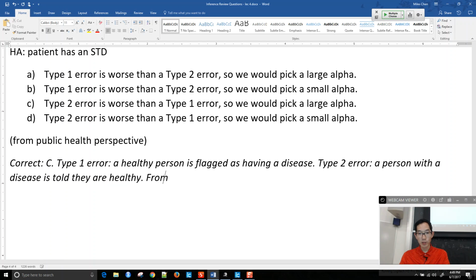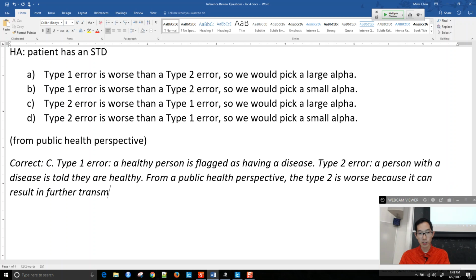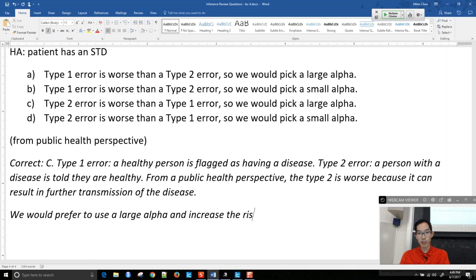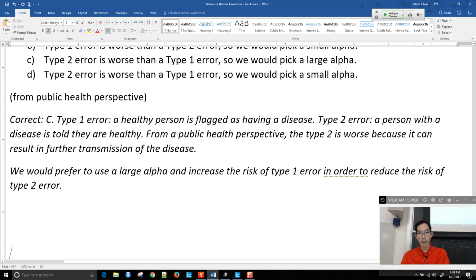So from a public health perspective, the type 2 error is worse because it can result in further transmission of the disease. We would prefer to use a large alpha and increase the risk of type 1 error in order to reduce the risk of type 2 error. So that's what we have here.